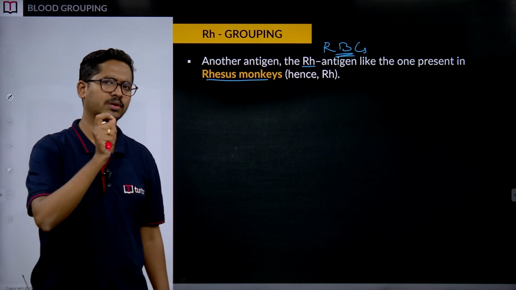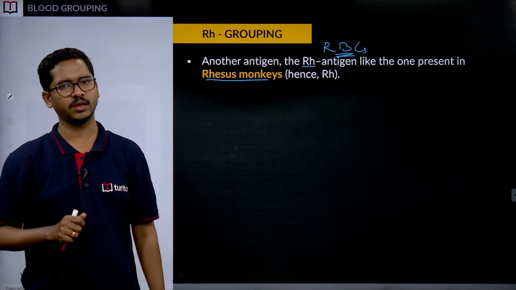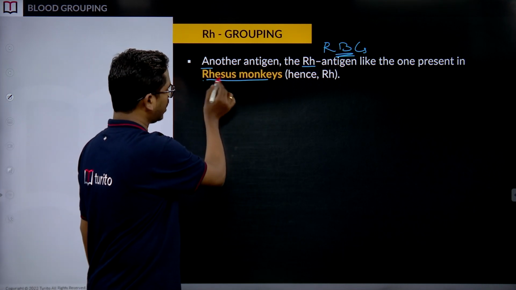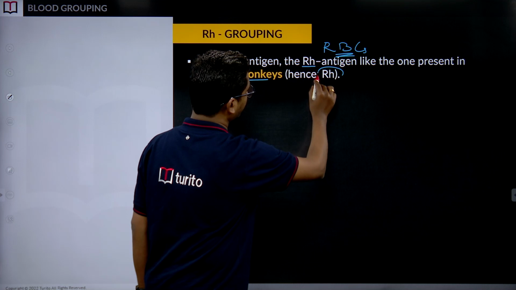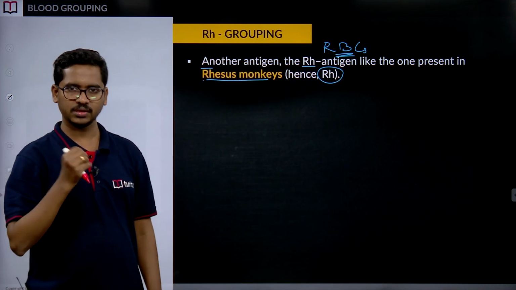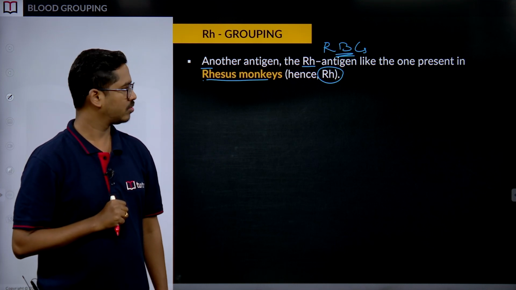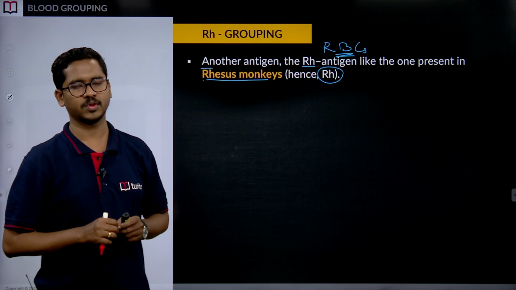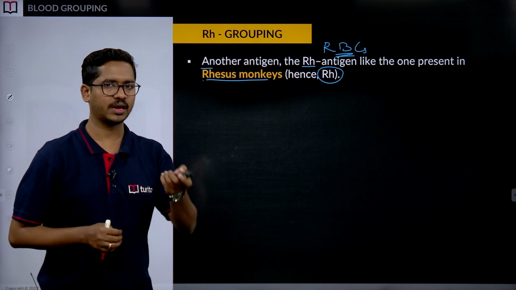Because it was found in this monkey and that starts with RH, they started calling it the RH antigen. That is the only reason why it is known as the RH antigen.